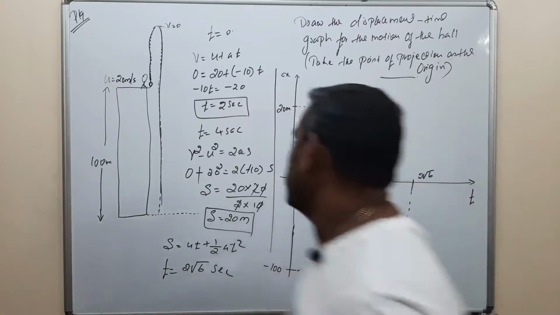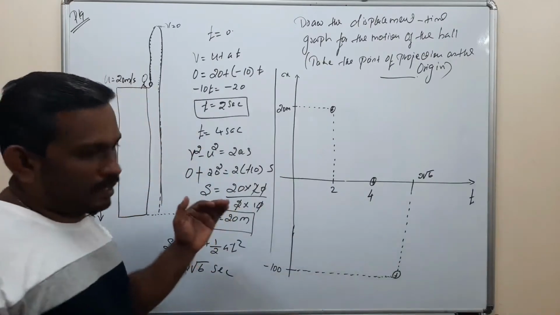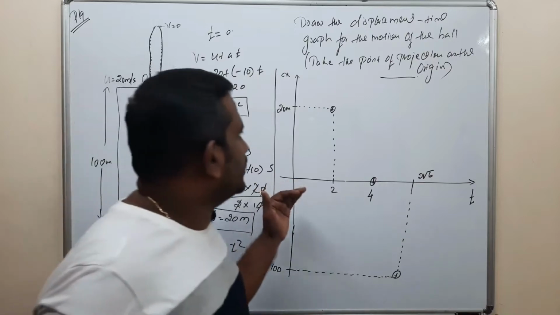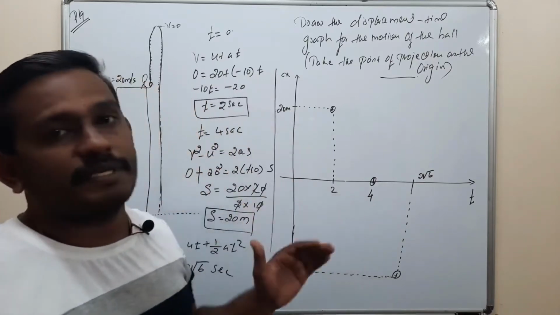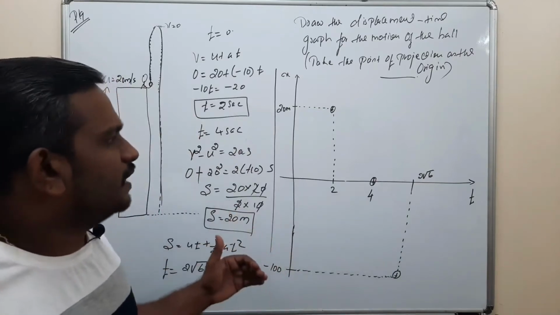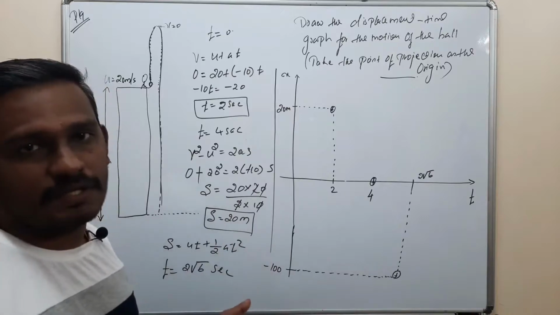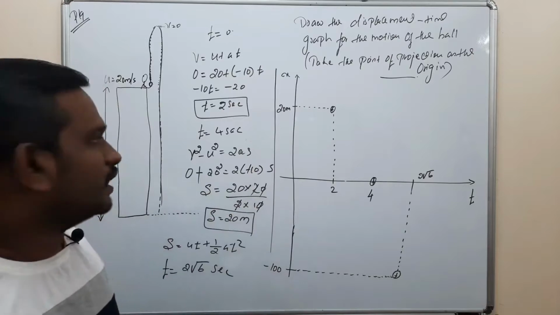So we have to draw the graph connecting these points, in such a way that the graph gives the velocity, because from the displacement time graph we have to find the velocity. So according to that we draw the graph.